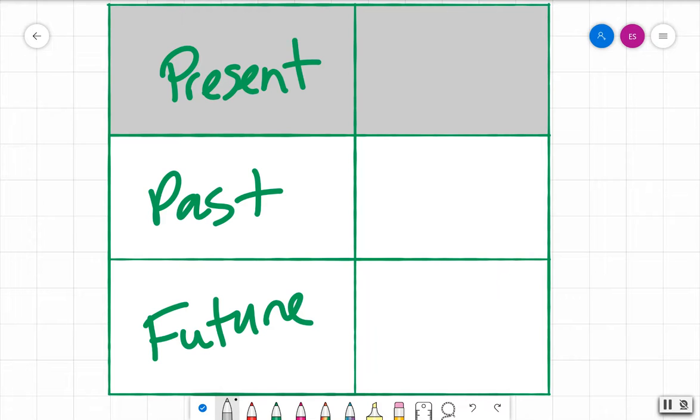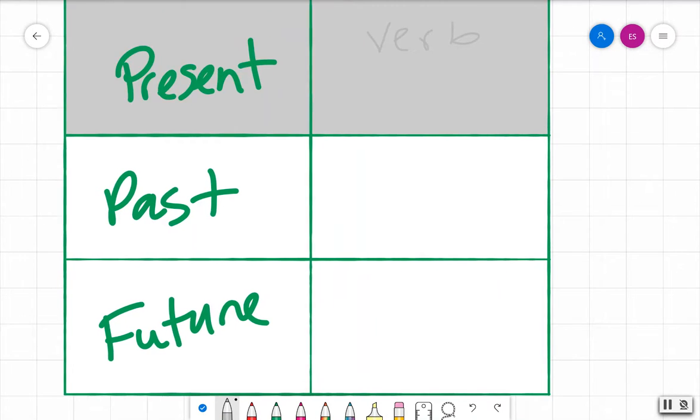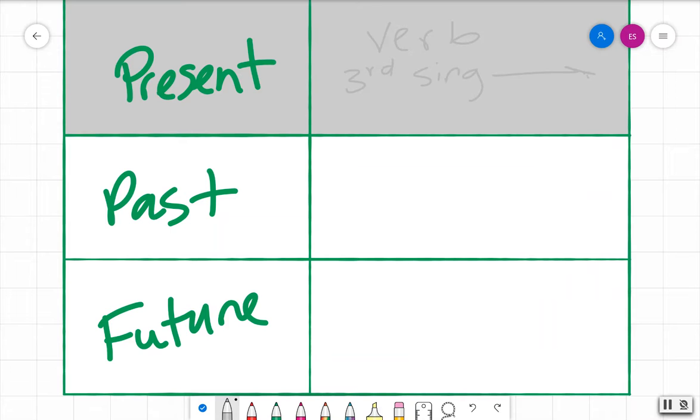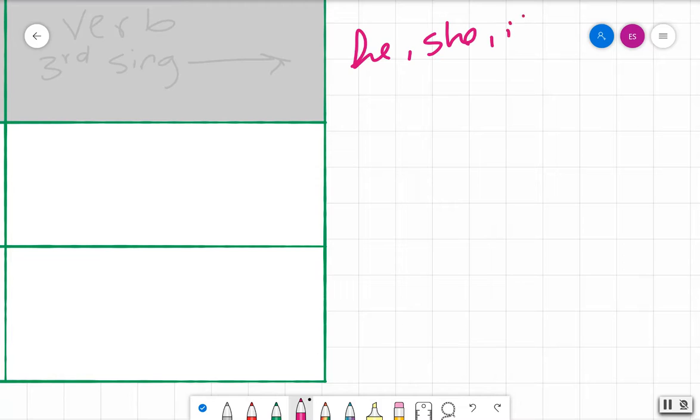In the present, you have simply the verb, unless it's in the third person singular. And remember, we're just going to make some notes right outside the box here. Third person singular is when you have he, she, or it, or whatever person or object he, she, or it might be referring to.